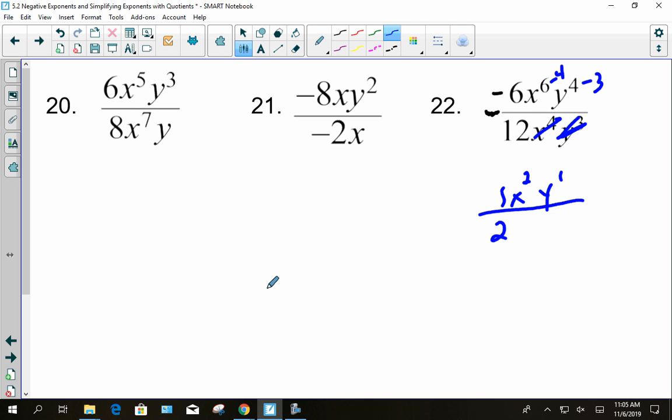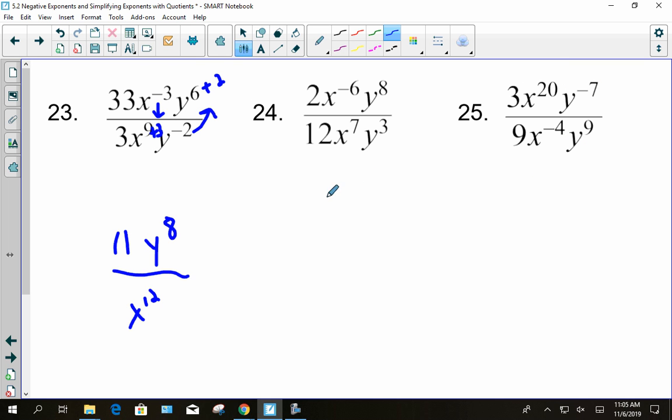Now, remember how I told you can just write them out? You can, but you got to be careful with the negatives. Because here, this is going to be 1 over 6. But if I write out x to the -6, that means I have -6 x's. They don't cancel. A negative x over a positive x does not cancel out.